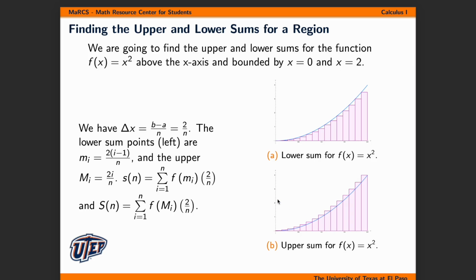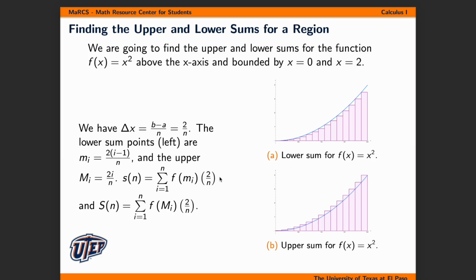So we have delta x equal to (b minus a) over n. In our case, our b is 2, and our a is 0, and 2 minus 0 is 2, divided by n. So that means that the lower sum points, the left, are going to be denoted by lowercase m_i, and that will be equal to 2 times (i minus 1) divided by n. And the upper sum points, the right hand side, will be capitalized M_i, and that will be equal to 2i divided by n.